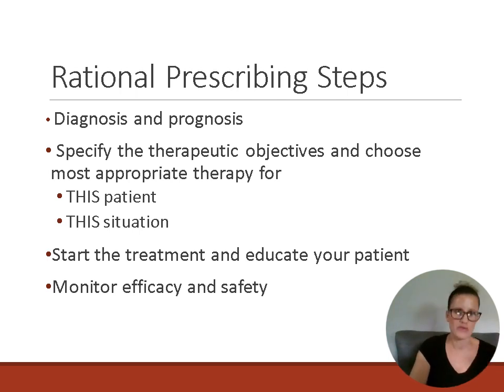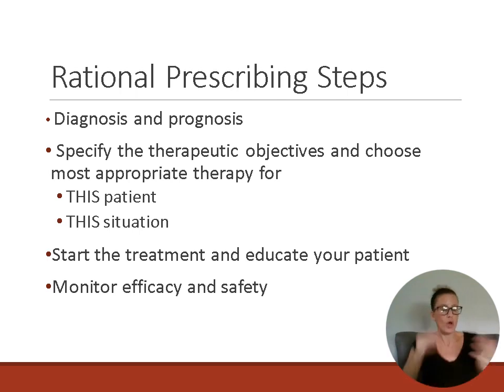So again, let's go over the steps of rational prescribing. So first, diagnosis and prognosis. Diagnosis is one of the key determinants of therapy. Ideally, a primary diagnosis will have been confirmed before therapy is started. So hopefully you're pretty sure what you're treating before you choose a therapy. However, sometimes we have to start therapy based on what we think the primary diagnosis is.